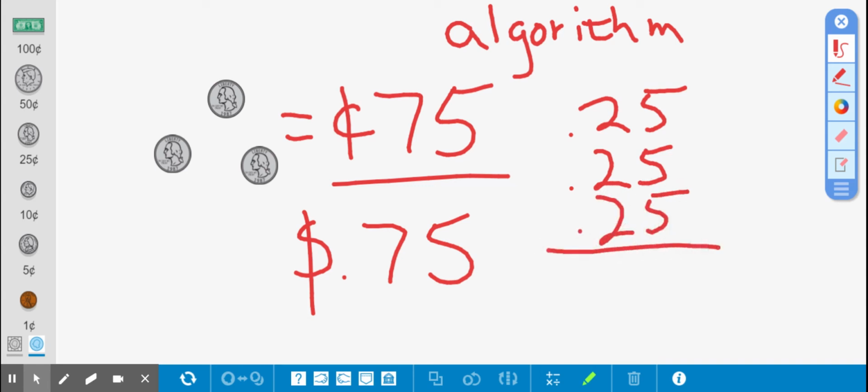We draw a line. Now I add 5 plus 5 is 10 plus 5 is 15. I only write the ones place from the sum that I get.